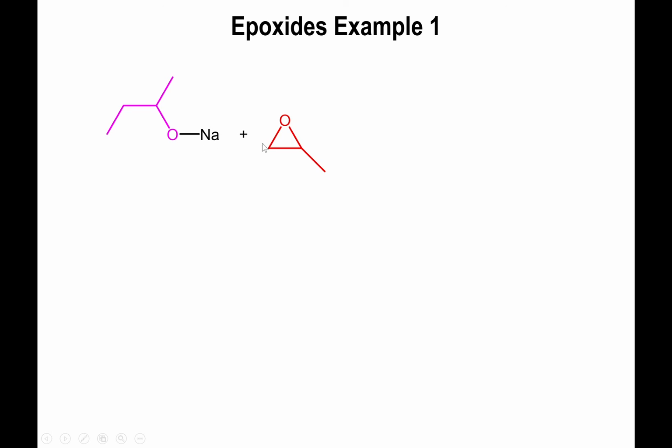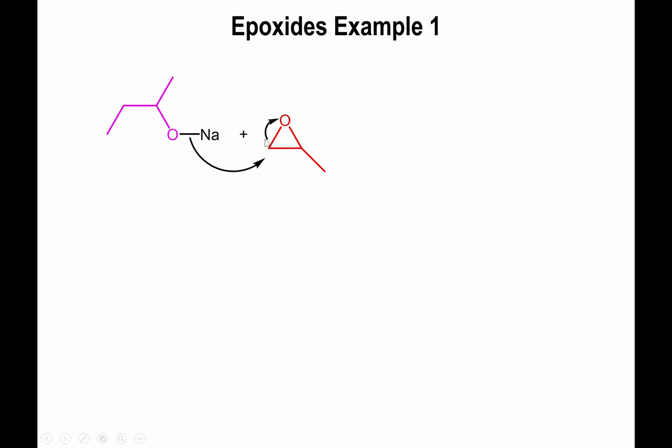And then you'll react this with the epoxide ring that contains that methyl substituent bound to it. This will attack on the carbon that is least substituted. Okay, so it will not go for the carbon that's technically tertiary, but rather for the one that is primary. So it will attack that, which is the most accessible site.